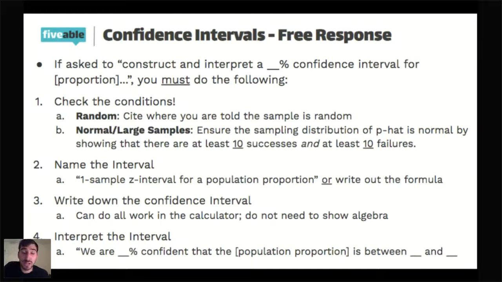Dar, the good news is no free response scenario, quite literally, that I've ever seen where you're actually asked to construct the interval or run the hypothesis test has actually failed conditions. The only scenarios that have failed conditions on a free response question that I've seen have been ones where you're explicitly asked which condition is not met, or explain why you can't run this test, or explain why this is a bad idea, or whatever else.